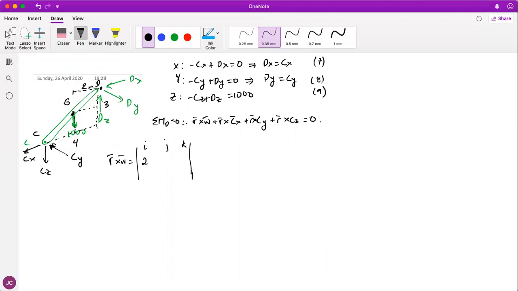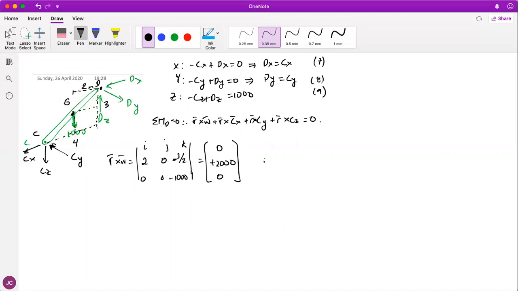It's 2 meters in the x direction. I don't move anything at y, and I need to go down minus 3 divided by 2, which is minus half of 3. So 0, 0, minus 1,000. From here I'm going to check it later, the i part is 0, the j part is minus 2,000, but it's a plus, so it's plus 2,000, and a 0.